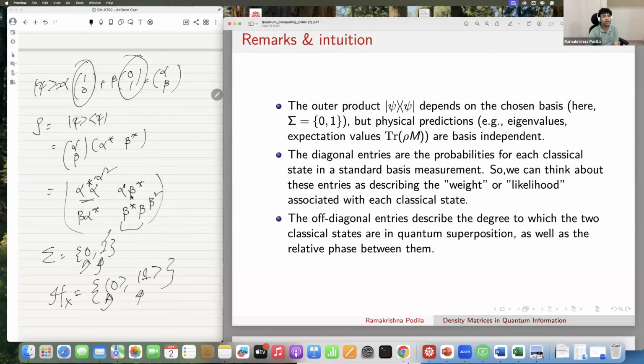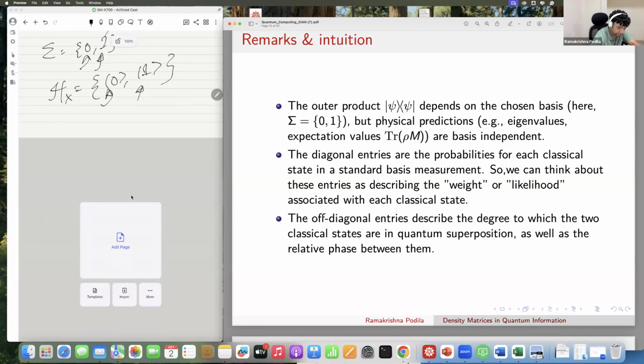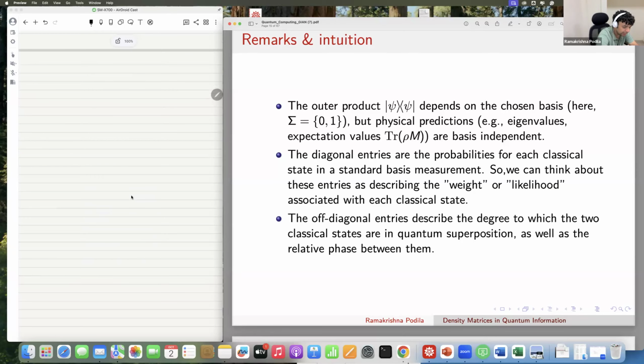So for example, I have e to the power i theta 1 for the first state and e to the power i theta 2 for the second state. When I do alpha star beta, that gives me e to the power minus i theta 1 times e to the power i theta 2.